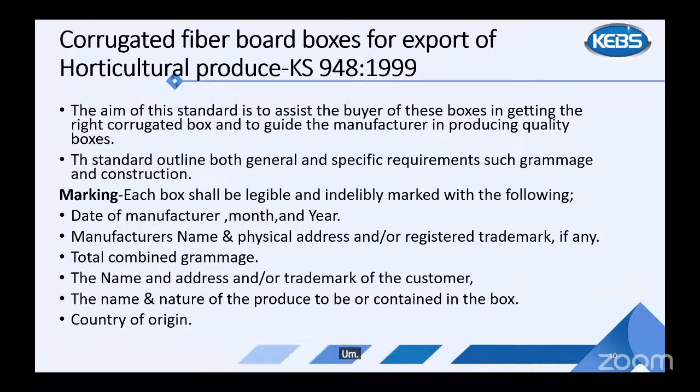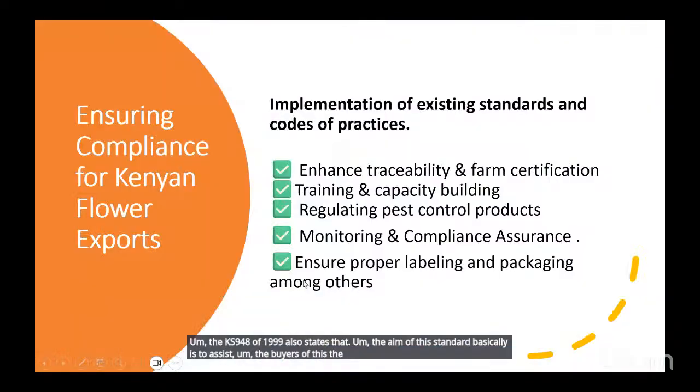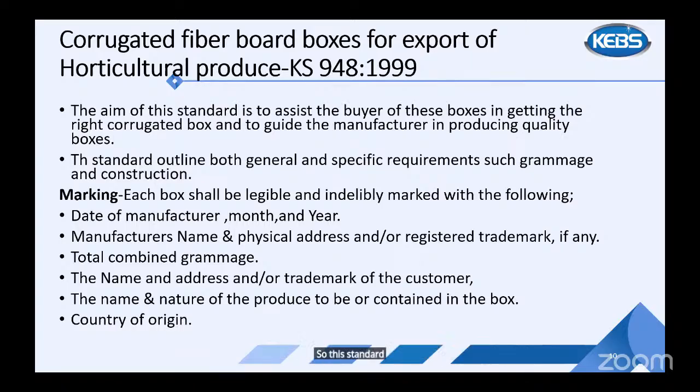Then for corrugated fiberboard boxes for export of horticultural produce, KS 948 of 1999 also states that the aim of this standard is to assist the buyer of these boxes in getting the right corrugated box, and to guide the manufacturer in producing quality boxes. This standard outlines the general and the specific requirements, such as grading and construction.